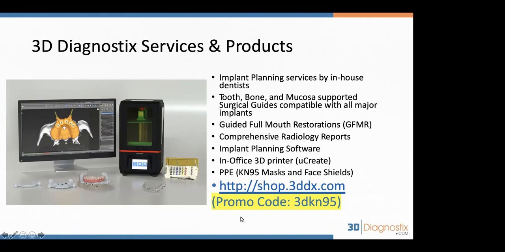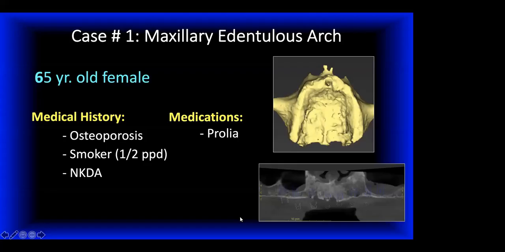Okay, let's go. We have a lot to go through. So let's talk about the first case. Case number one, one of our MISH doctors sent this case in. It's a maxillary edentulous arch, 65-year-old female. Medical history: osteoporosis, is a smoker, about a half a pack per day, and no known drug allergies. Medications: Prolia.